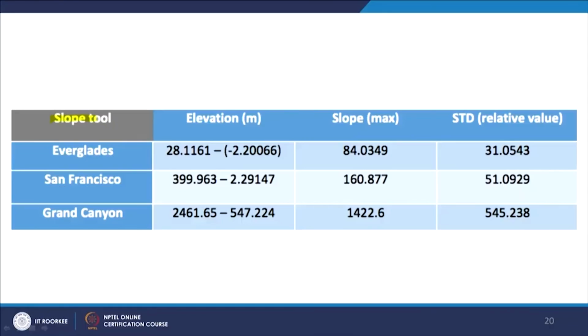And the last one, the slope tool, which is available in ArcGIS in the spatial analysis extension or toolbox, and there it may give you different calculations. So with this I end this discussion by repeating one important thing: no matter whichever method you employ, you first take care about the Z factor. If you do not take care of the Z factor and just go with the default, which is 1, that means the system will assume that your XY scale and Z scale are the same.